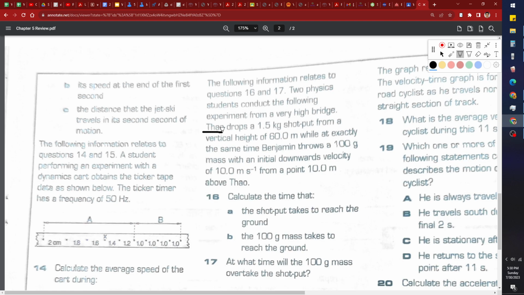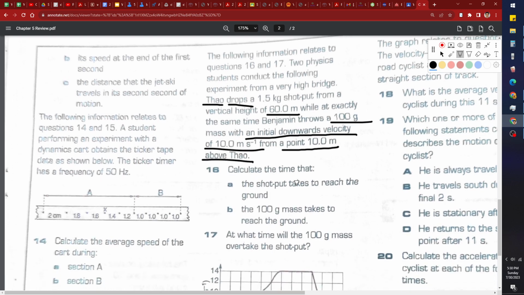Tao, it's Vietnamese, she is, I'm assuming, drops a 1.5 kilogram shot put from a vertical height of 60 meters, while exactly at the same time Benjamin throws a 100 gram mass with an initial downwards velocity. And for Tao, it says drops, so that's very important information as well, from a point 10 meters above Tao. Okay.